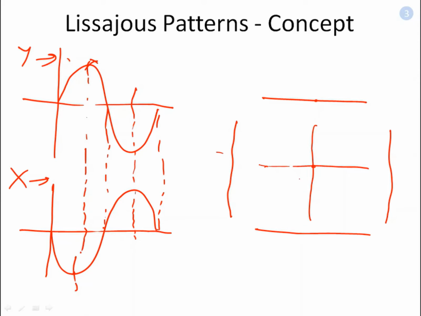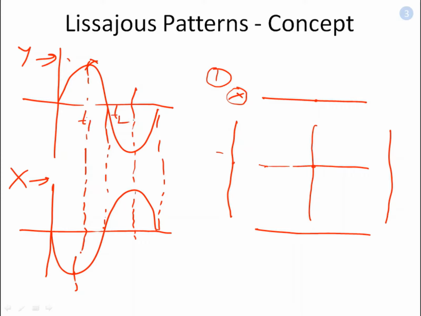So the negative peak for x is this point. This point. So the combination is this one. So at the first peak, y is positive peak, x is negative peak, so combination is this point. I number it 1. So here I say this is T1.